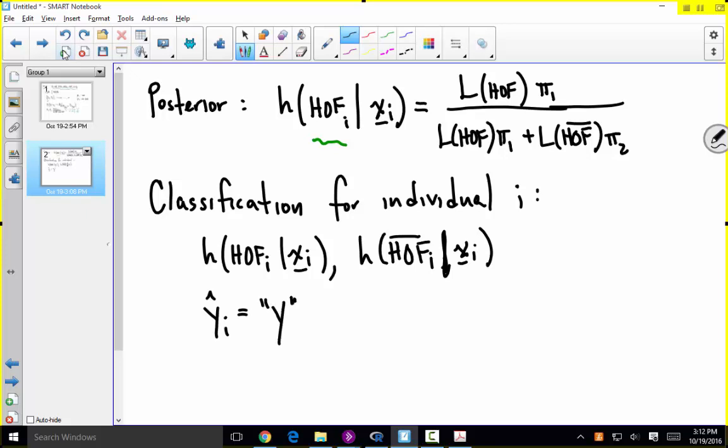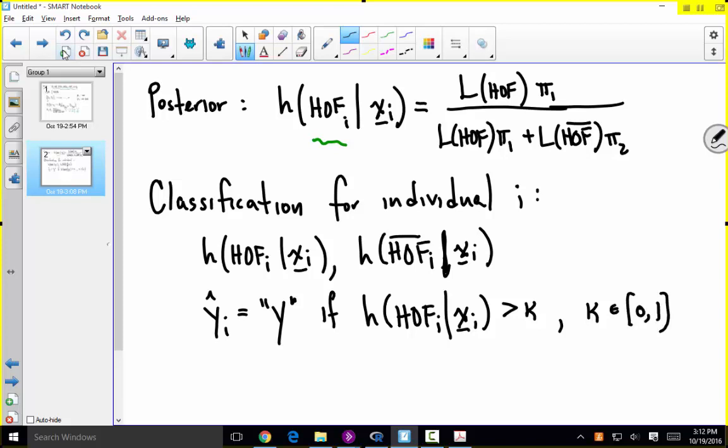I'll predict Hall of Fame if the posterior probability of Hall of Fame is bigger than some arbitrary threshold. Call it kappa. Kappa has to be some number between 0 and 1. If you just call LDA in R, it's going to use kappa equal 0.5, the default choice.